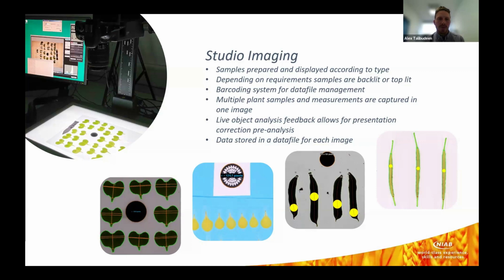In the examples below, we use a backlit system for getting the outline of the cotyledons. And like most others, we use a domestic coin as a standard reference object in this instance, but we also use a black and white reference object for any images where we have lighting overhead.